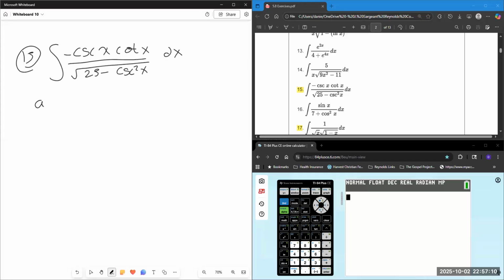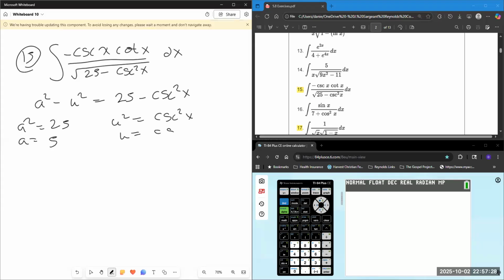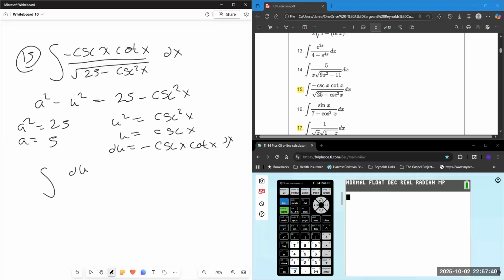So I see that my a squared minus u squared is 25 minus cosecant squared x, making my a squared equal to 25 and my u squared equal to cosecant squared x. A is equal to 5, u is equal to cosecant x, and du is equal to negative cosecant x cotangent x dx.